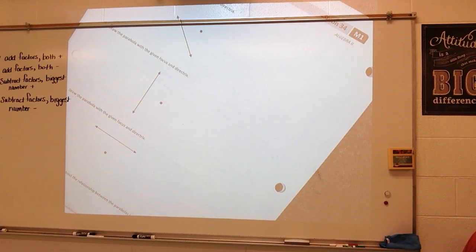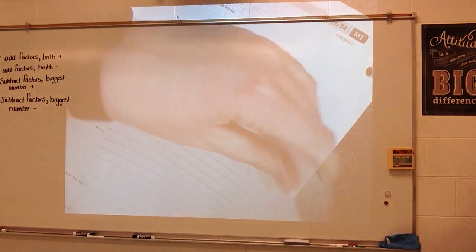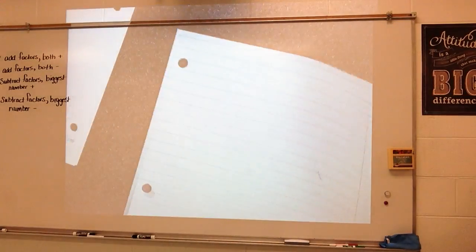So, how can we use the definition of a parabola to quickly locate at least 3 points on a graph of a parabola with the focus (0, 1) and the directrix y = -1? All right. So, let me kind of draw this out really quickly.